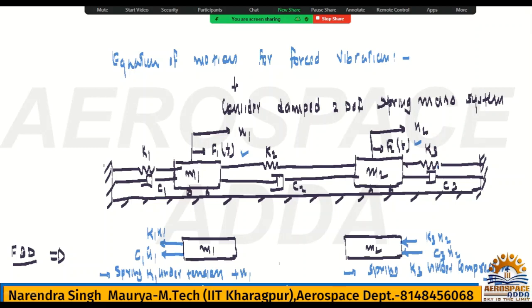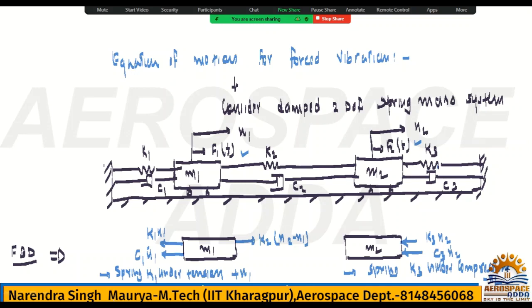Okay, so for spring K2, if you draw the free body diagram, it will be something like this: K2 into x2 minus x1.